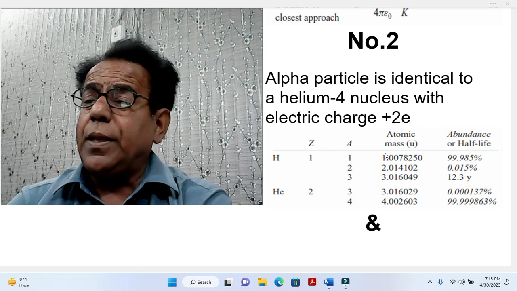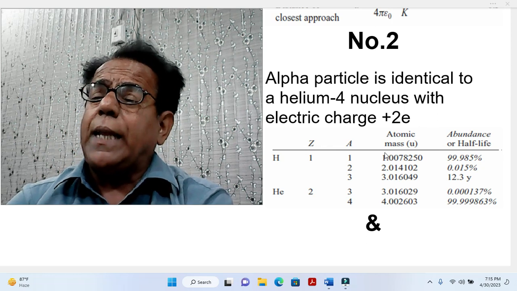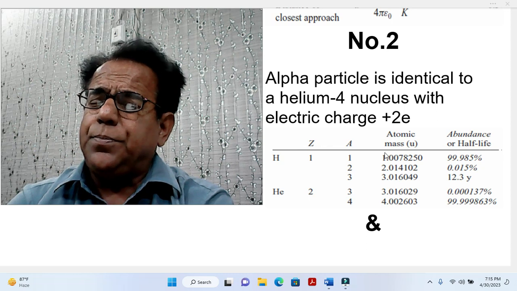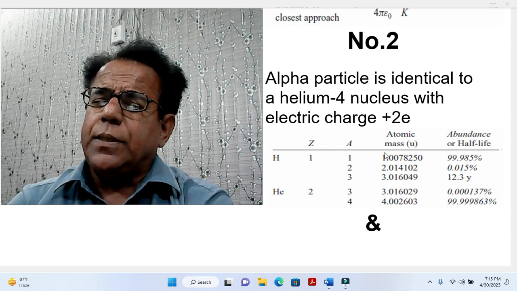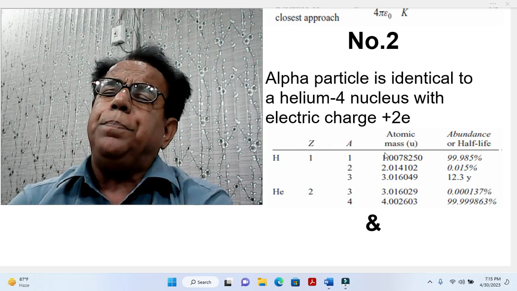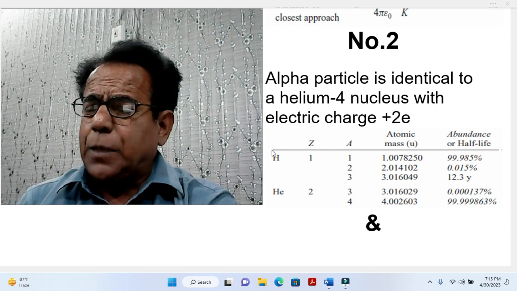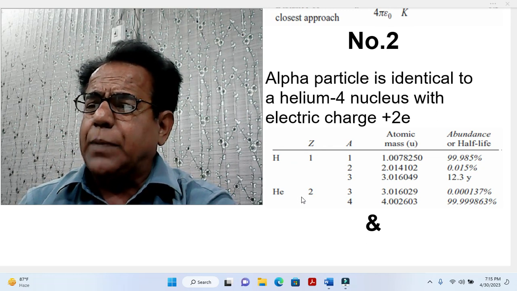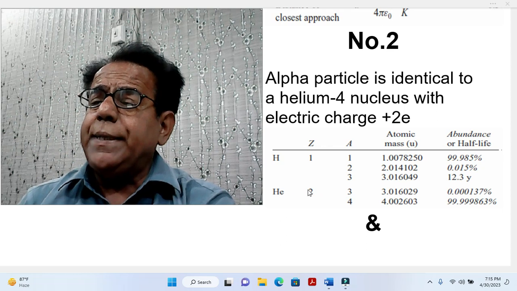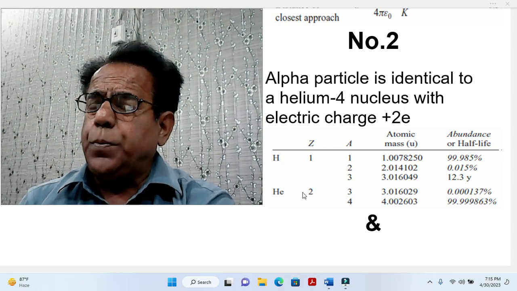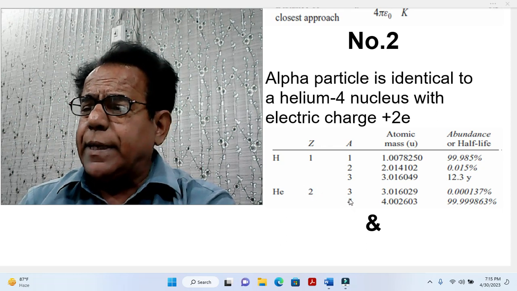The actual table spreads over many pages, but we have cut and pasted only the part which deals with hydrogen and helium. So for He, Z is 2, and we are concerned with this value.